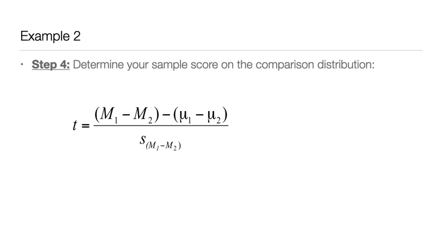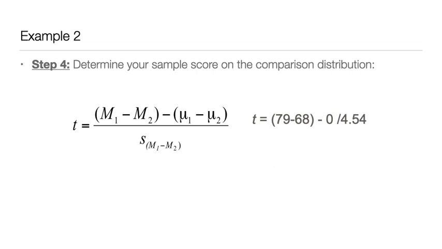So regardless of whatever those population parameters are, mu1 minus mu2 should be 0. So functionally, there's not anything you're going to have to do for that part of the formula. I will include it here to remind us that we are comparing against this idea of no change. But again, functionally, there's not anything that we have to do with that.